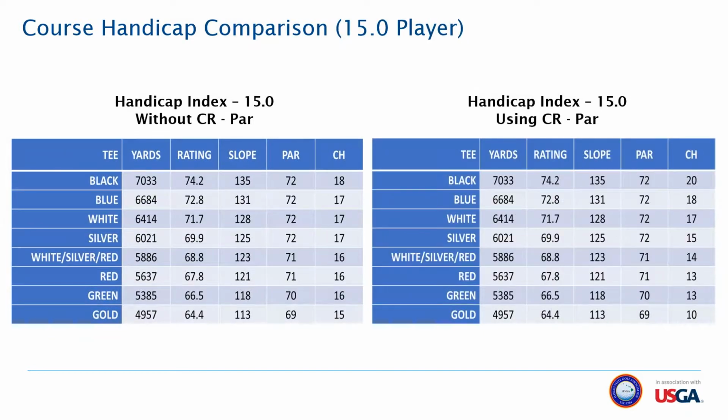And in comparison, when looking at the bogey golfer, the 15.0 today is an 18 from the black, and in 2020 with the course rating minus par adjustment, that 15.0 goes from a course handicap of 20 from the black to 10 from the gold. So it's a lot better and more representative of players' ability.